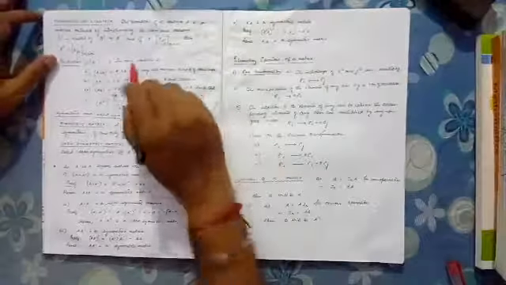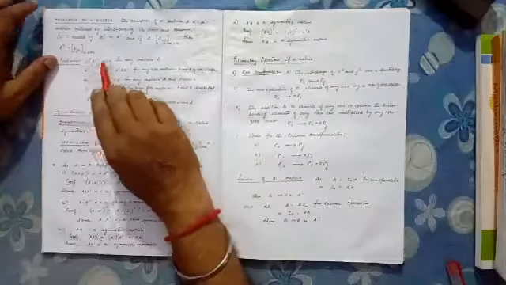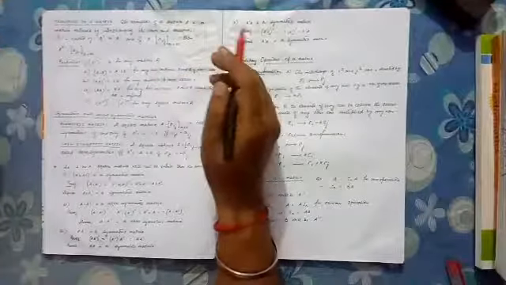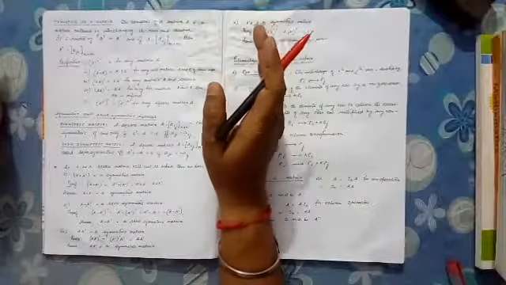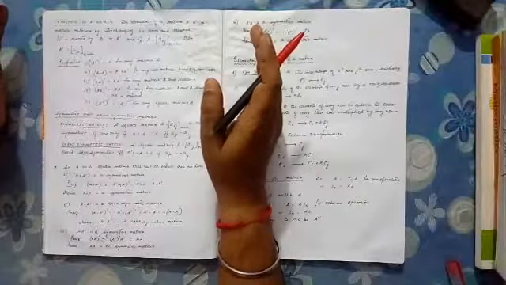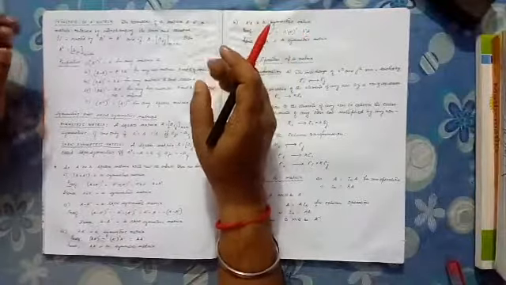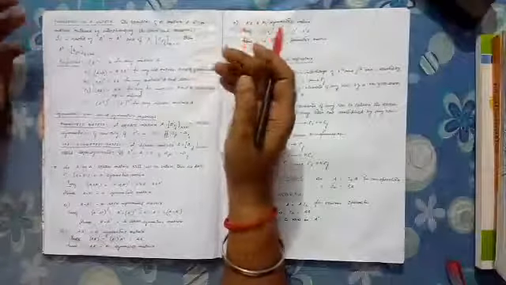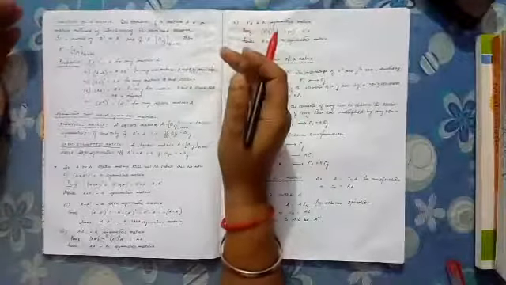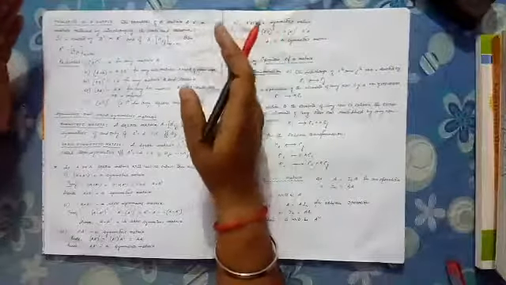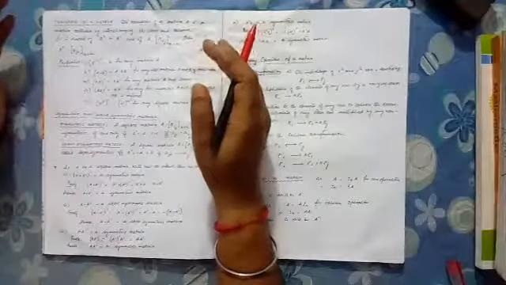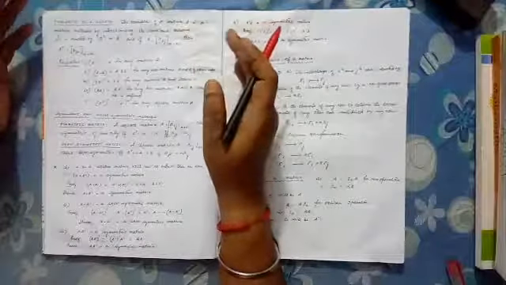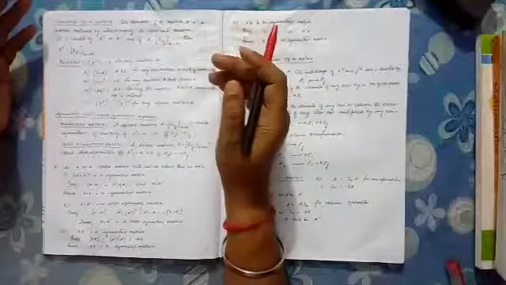Now properties. A transpose whole transpose is equal to A for any matrix A. Listen again, whenever you are given a square matrix or a rectangular matrix, whatever it may be, if we are changing the rows into columns, obviously the columns will be changed into rows.